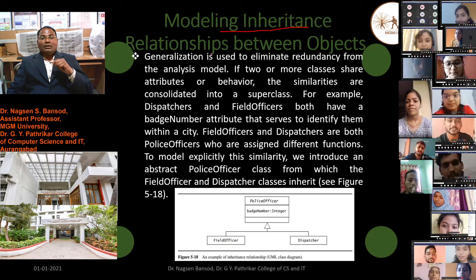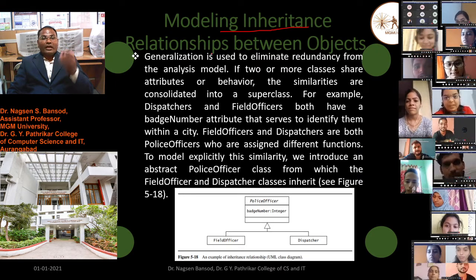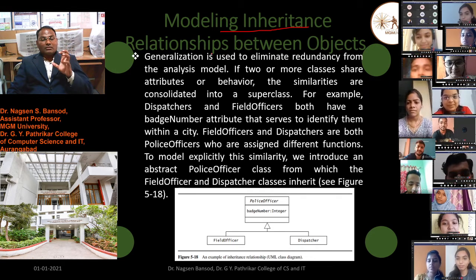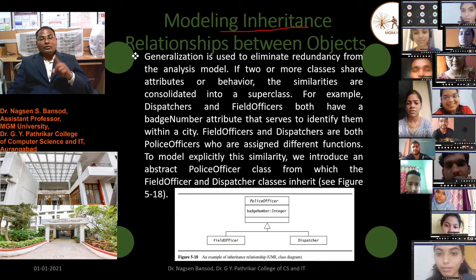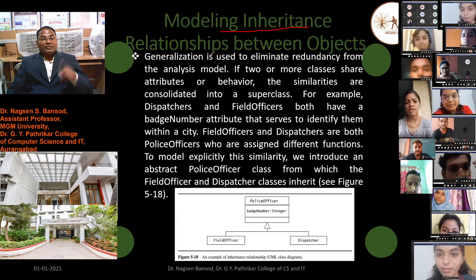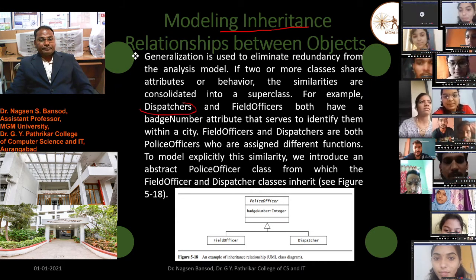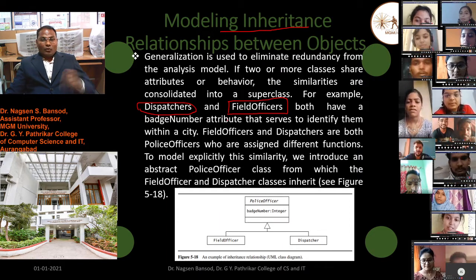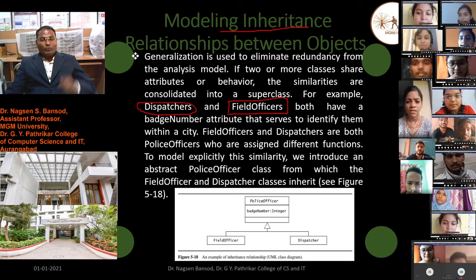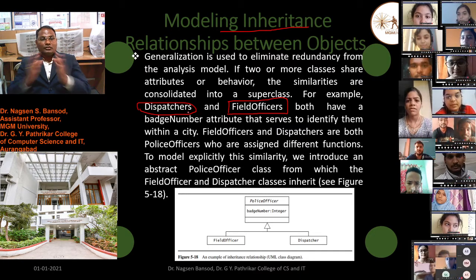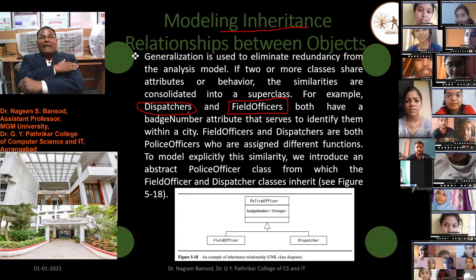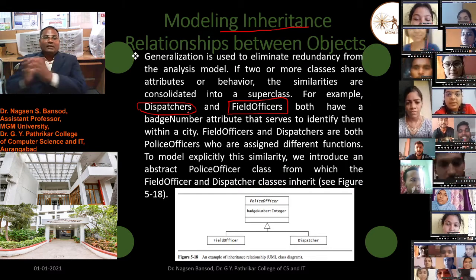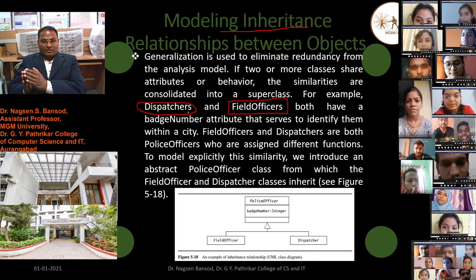For example, dispatcher and field officer both have a badge number attribute that serves to identify them within a city. Who is the dispatcher and who is the field officer? Both are police officers. To identify these two persons there is the badge number, and from the badge number we can identify this is the field officer and this is the dispatcher.